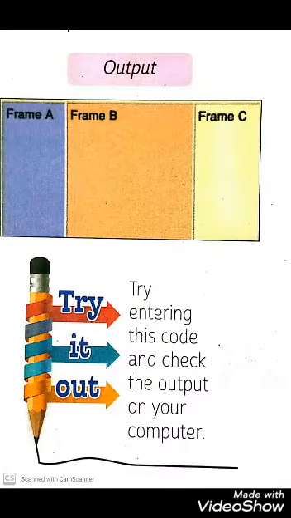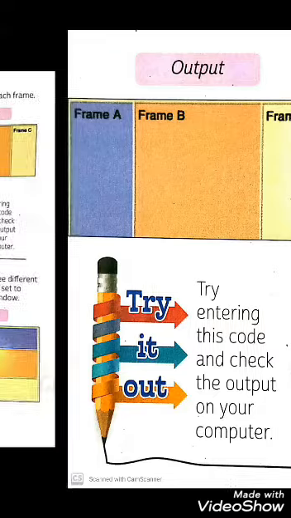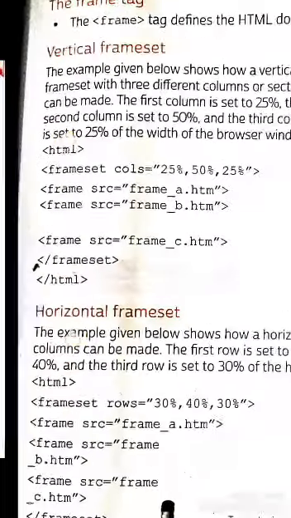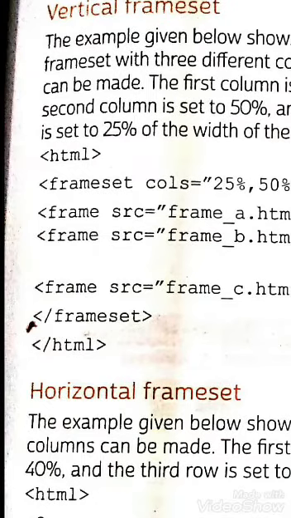Now how will you give the coding for this frame tag? Let us see these examples. For vertical, the example given below shows how a vertical frameset with 3 different columns or sections can be made. The first column is set to 25%, the second is 50%, and the third is 25%.